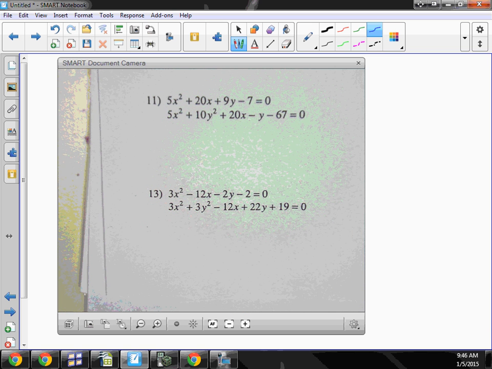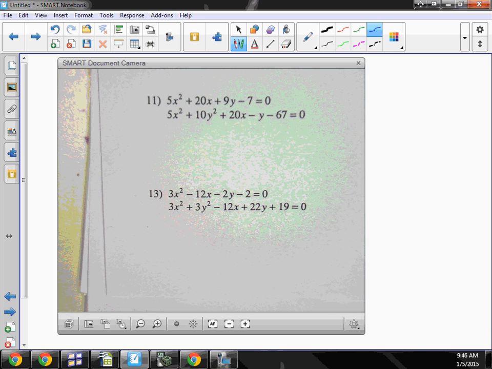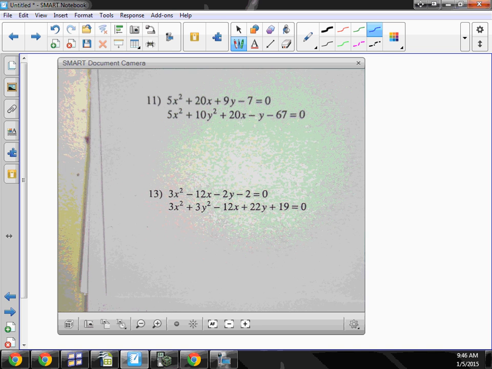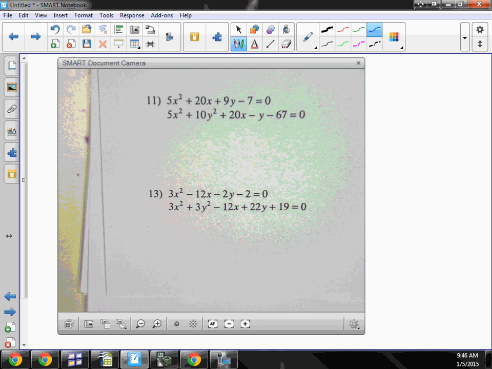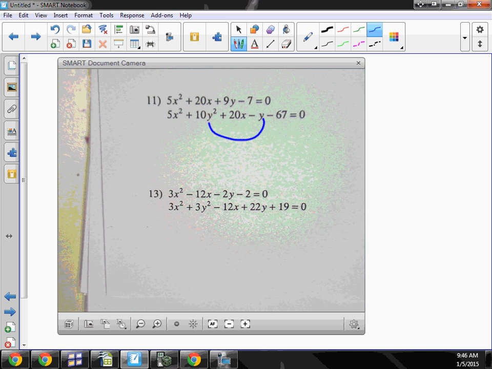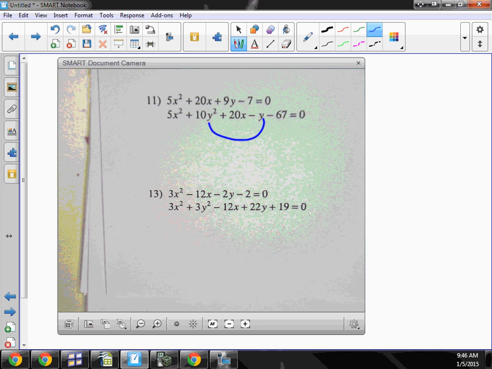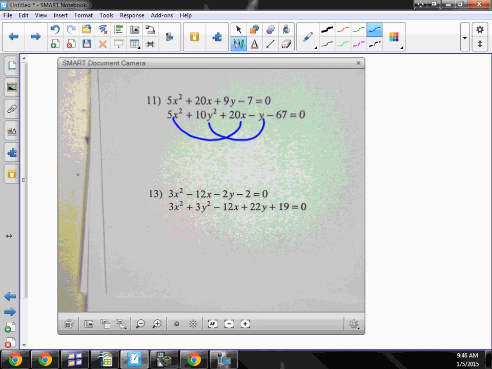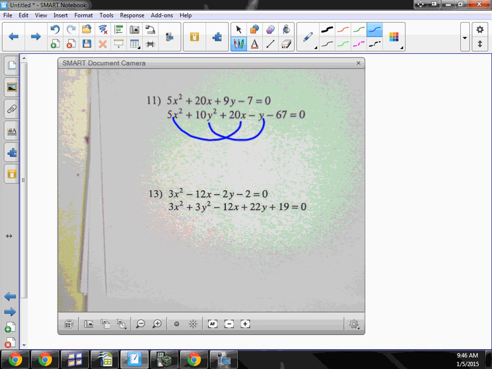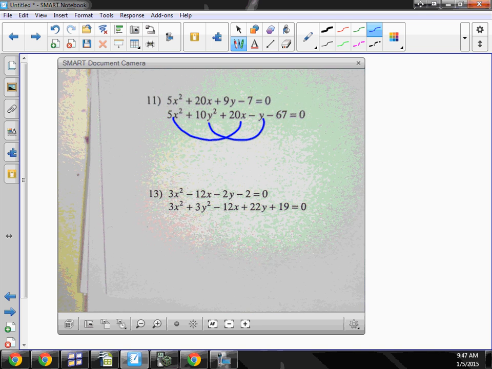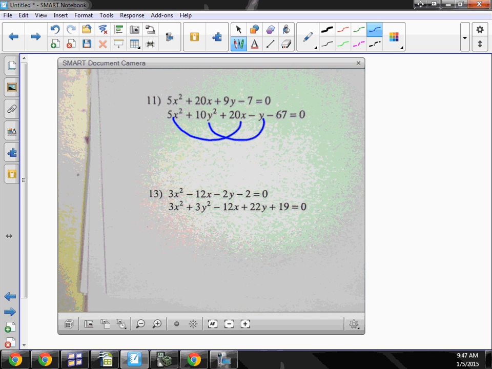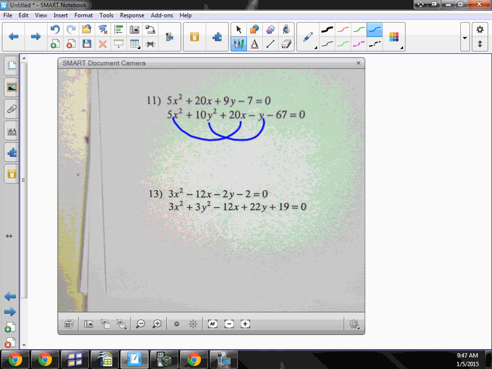If we look at the bottom, is there any way to solve for x or for y? You could, but it would be really, really hard because we have a y quadratic and we have an x quadratic, and there are a couple ways to figure out what x equals in a quadratic. One is to factor, but factoring is not going to work because that would end up with 2 different x values.